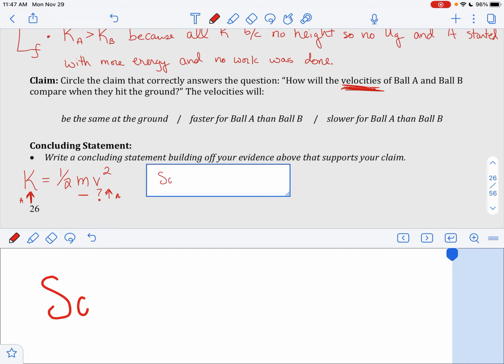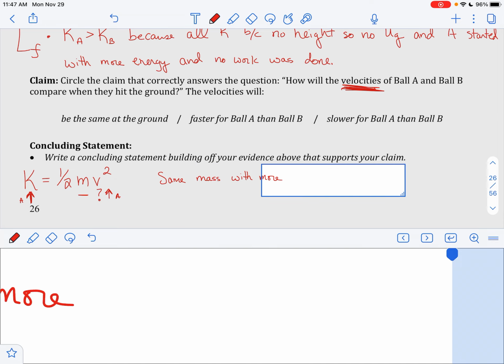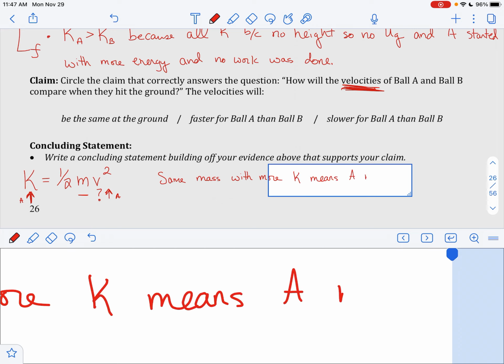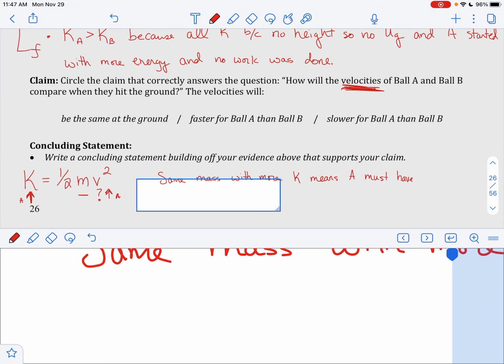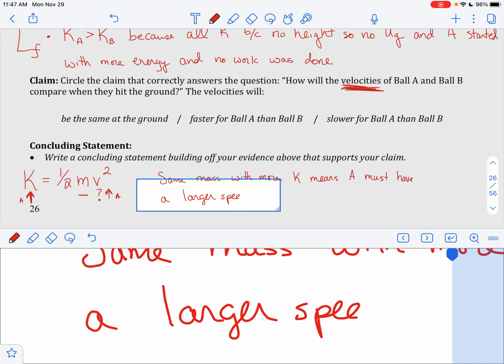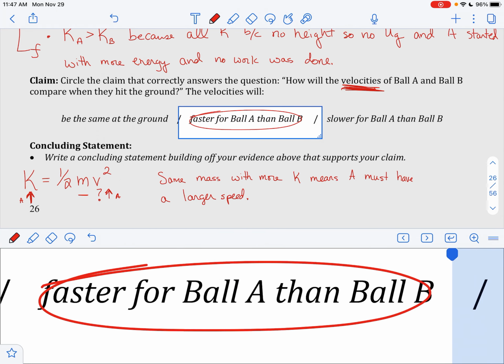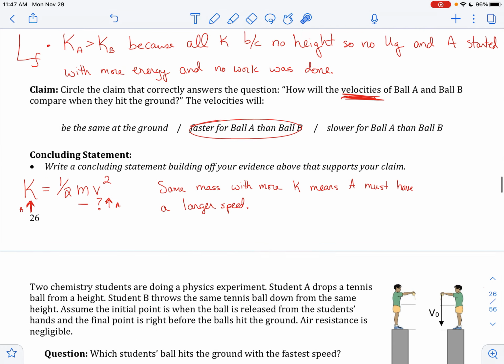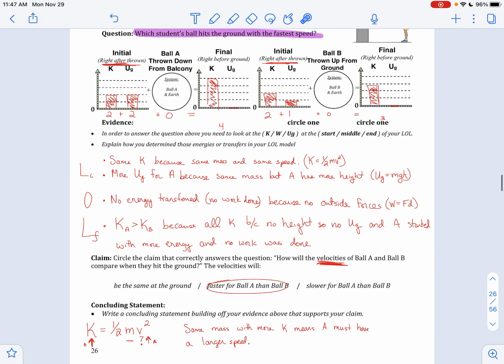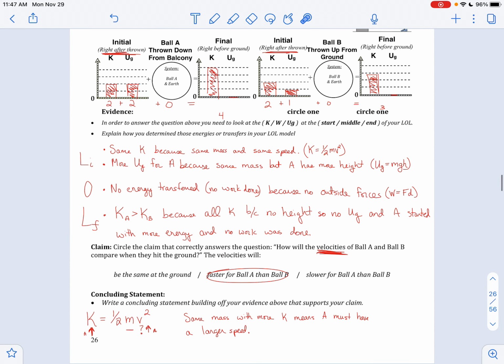So same mass with more kinetic energy means A must have a larger speed. And so faster for ball A, our claim must be that. Okay? All right, so there's a view of the whole problem, all the work that's done.